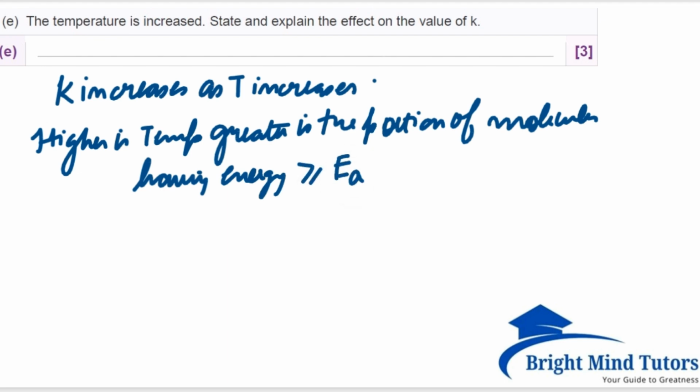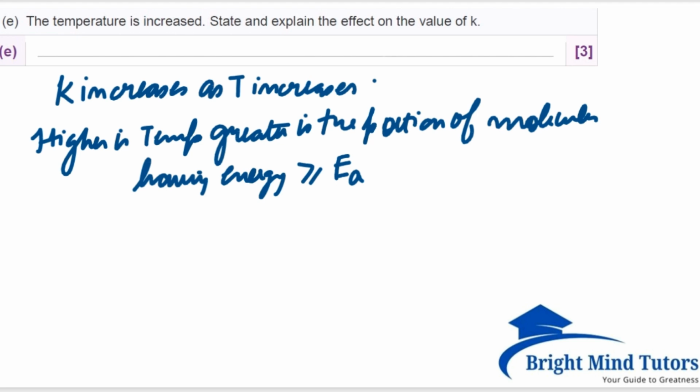Activation energy is basically the minimum energy which the reactant molecules must possess so that they can get converted into the product. So with the increase in temperature, the number of molecules having energy more than the activation energy is going to increase. If you write this second statement, again you will be getting 1 mark for this.